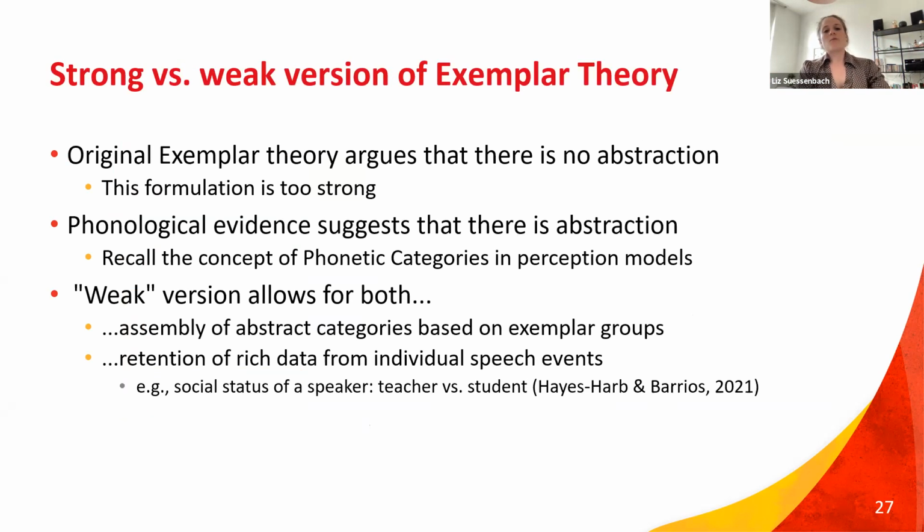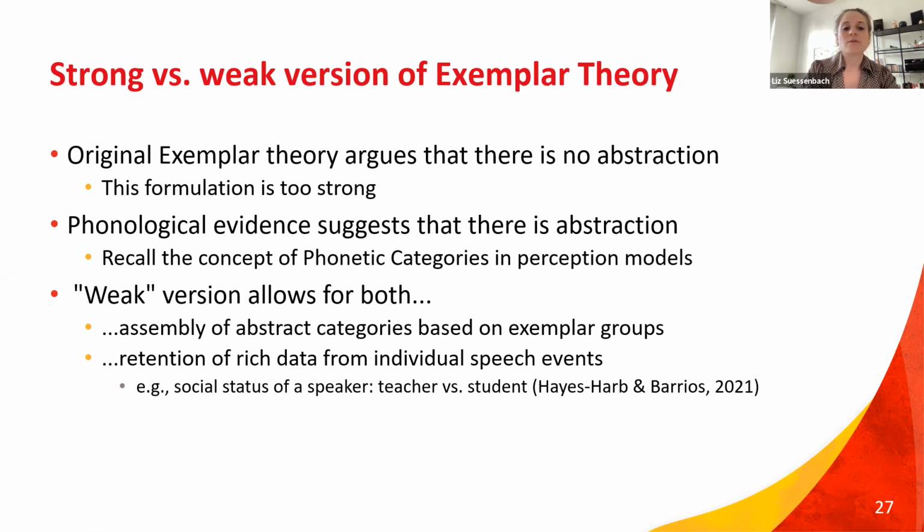So with the original theory, there is a little bit of an issue in the linguistic area or in the pronunciation area, because it suggests that there's no abstraction at all. And this formulation is rather strong because we do have phonological evidence that there is some degree of abstraction. So if we recall the concept of phonetic categories in the perception models earlier, for example.